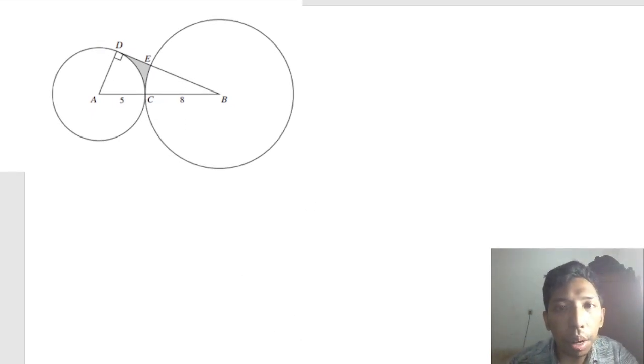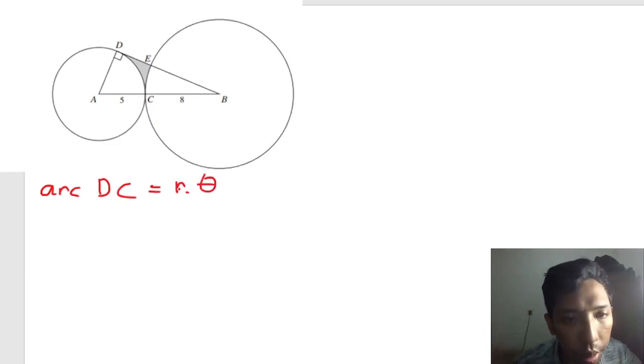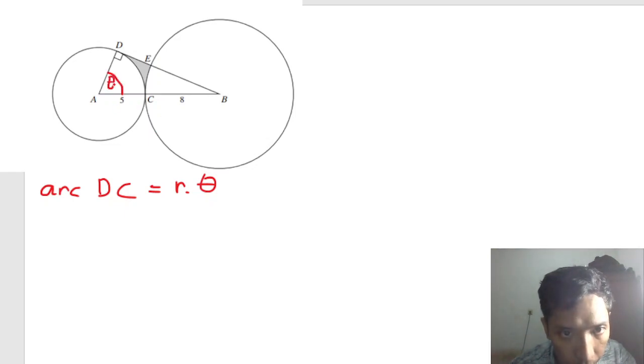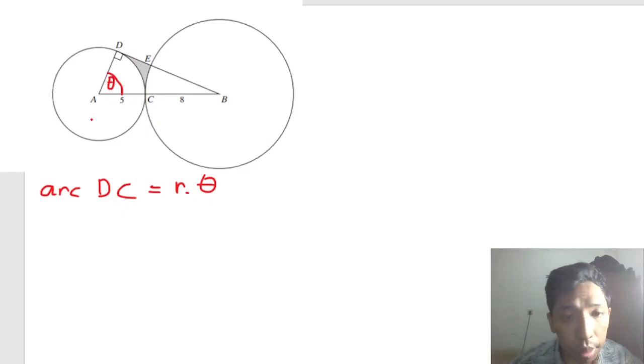Now what to do? We need to find the arc of DC. What is the formula of an arc? It is r times theta, where r is the radius and theta is the angle, the arc of the angle, obviously the angle at A.